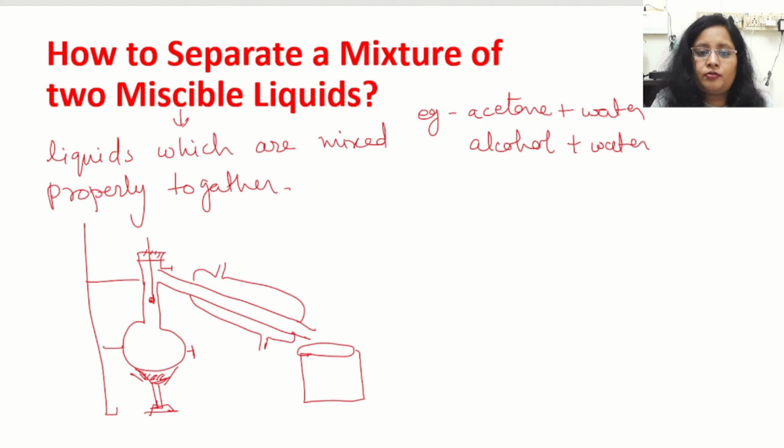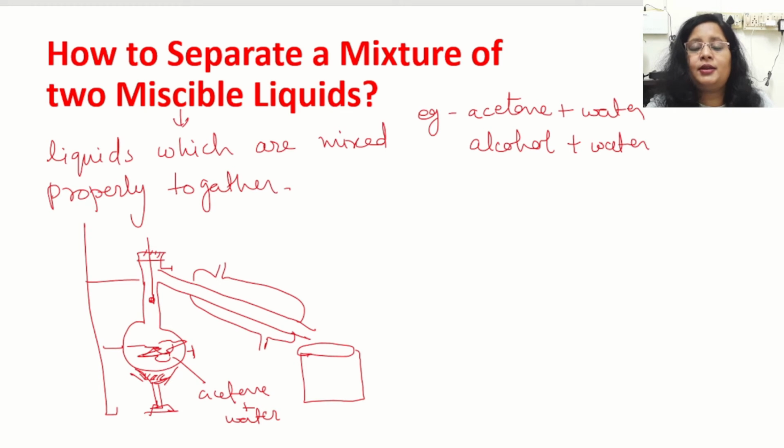So first of all we will take a flask and put the acetone-water mixture over here. This is acetone plus water. When we boil the mixture, because acetone has a boiling point of 65 degrees, first of all acetone will boil, because water has 100 degrees for boiling.